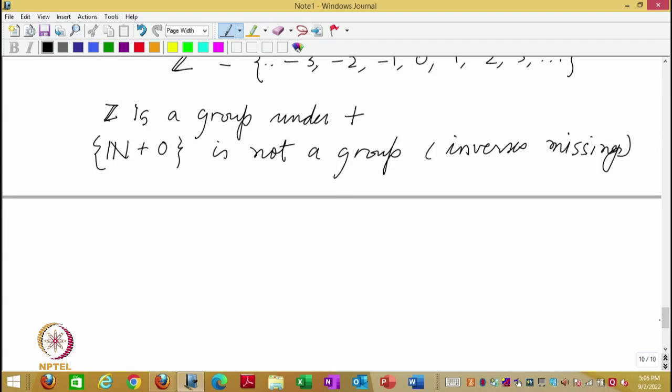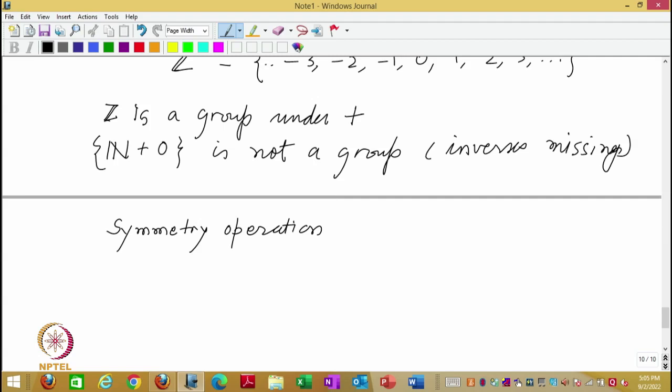So, what has all this to do with symmetry? If you now look at symmetry, what will be a binary operation for symmetry? Symmetry itself is an operation. For example, when we say reflection, that is an operation, rotation, that is an operation.